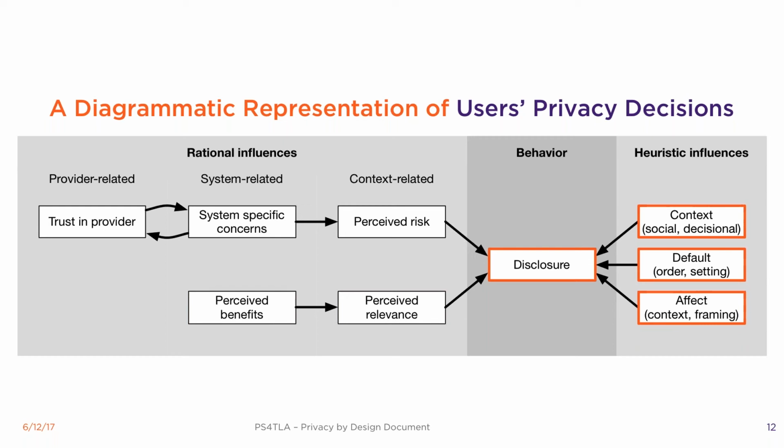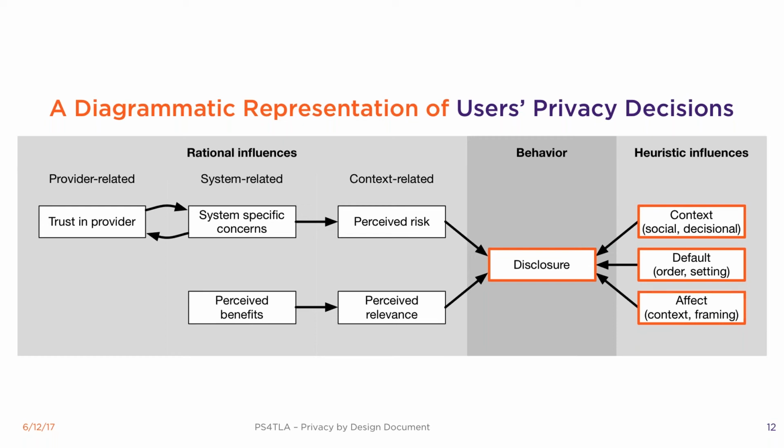For instance, Facebook has many different privacy settings, but simply by having so many privacy settings, people tend to paradoxically disclose more information about themselves. So the context in which those settings are presented can influence people as well. And finally, affective influences can have an effect as well. Whether you present a certain disclosure as a loss of privacy or as a gain of certain benefits really influences how people make the decision.